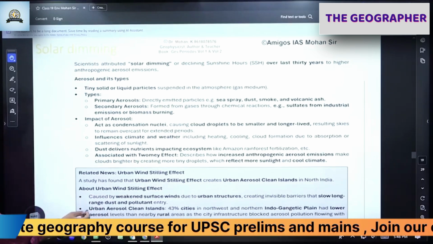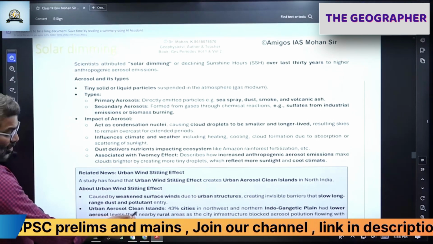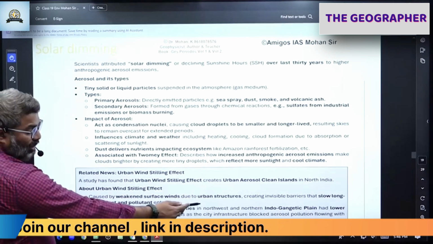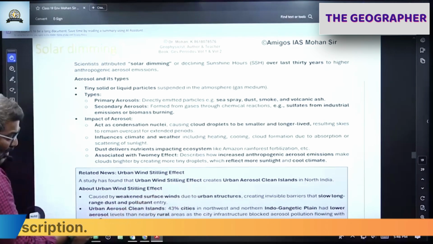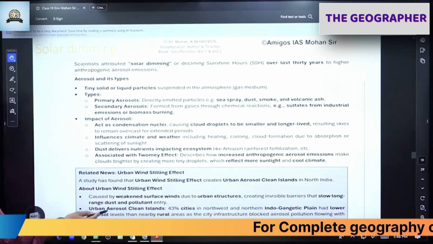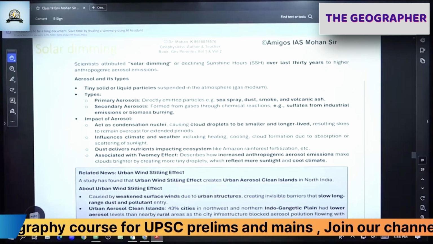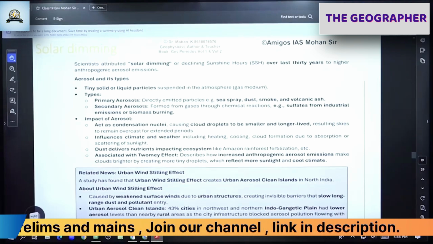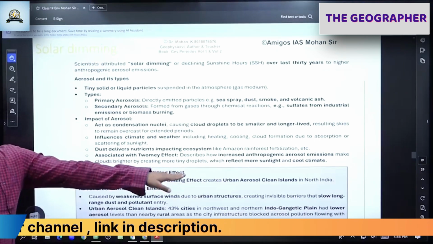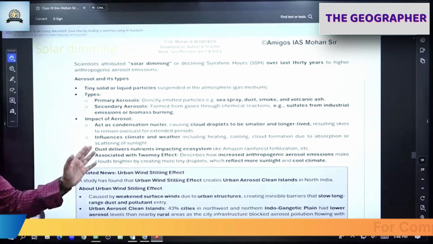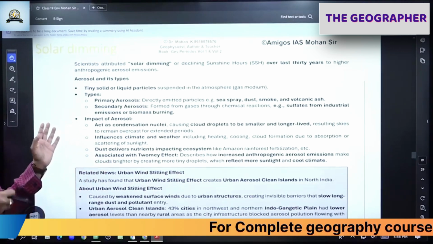This article also talks about urban aerosol clean islands, where 43% of the cities in northern India had lower aerosol levels compared to the surrounding vicinity. So please remember, this is another topic you have to remember: the urban wind stilling effect. These are the topics which are now emerging.